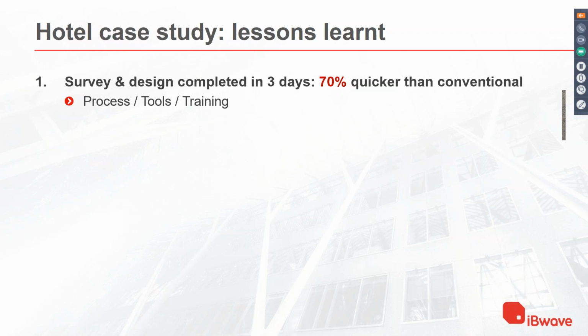So we're talking about 70% quicker, certainly in time, but probably even more in savings when you consider the personnel that was used. And I think the notion of process with an integrated workflow really helped with that.